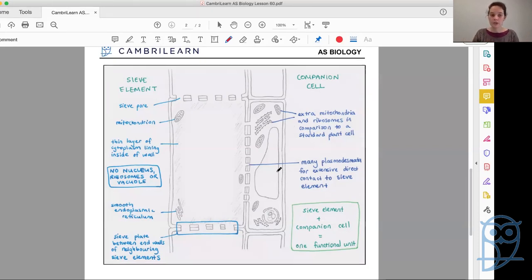They're also transport cells. Big thing is, if you look at these two, even though we've got 2 cells, we only got 1 nucleus. Here in the companion cell is a nucleus. Vacuole, only in the nucleus. Rough ER, only in the companion cell.